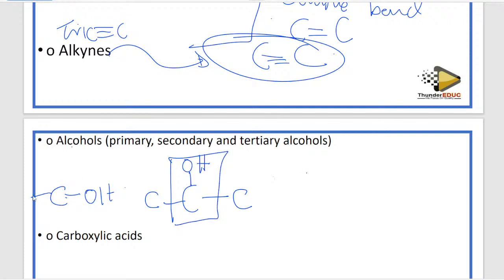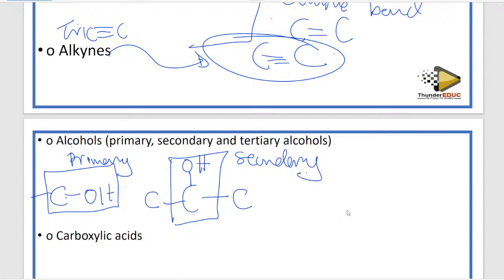Here, this one is at the end or at the beginning. So this is a primary, and then this is a secondary, and then tertiary. Remember, level 1, level 2, level 3.